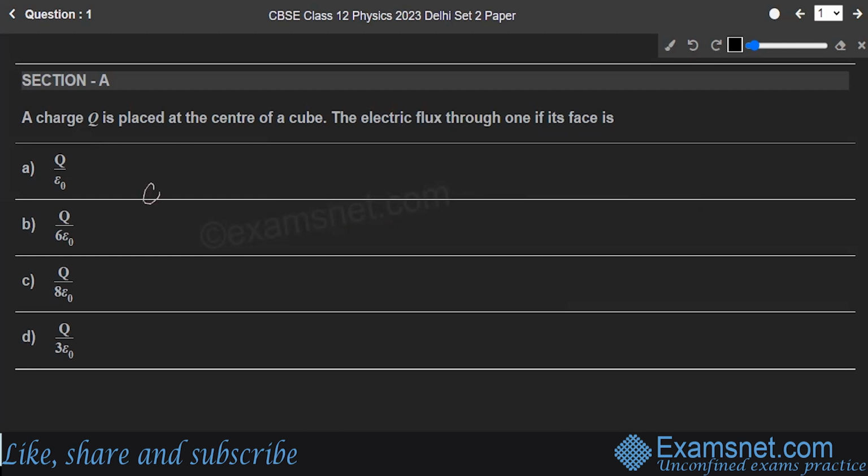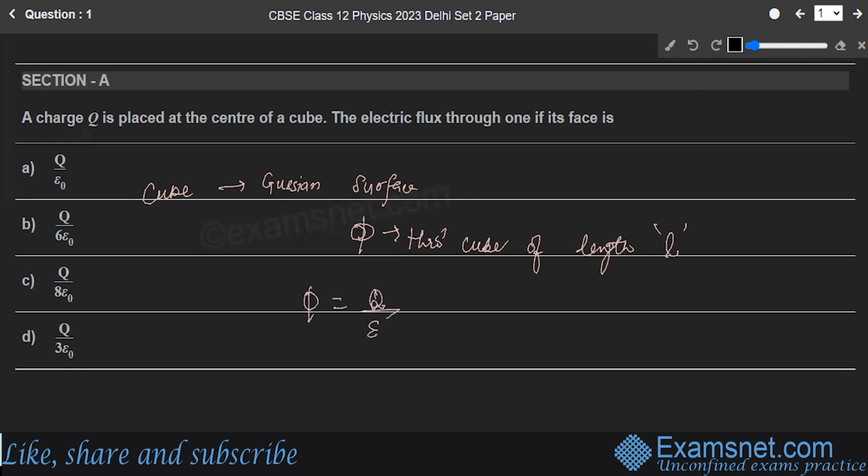See, assuming the cube as a Gaussian surface, total flux passing through the cube of length L is given by Q upon epsilon naught, where epsilon naught is the permittivity of vacuum and Q is the charge. So the flux is given by this.